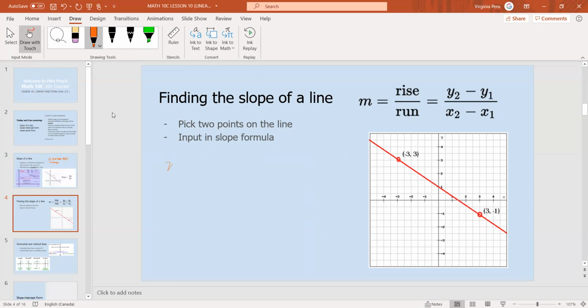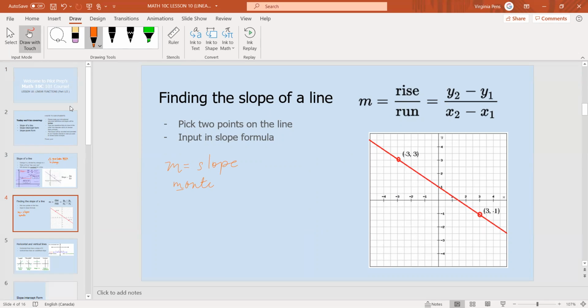By the way, m is the symbol for slope. It's French, I believe. It comes from the French word molt, but I'm not certain on that. Anyways, let's try to calculate the slope of this line.